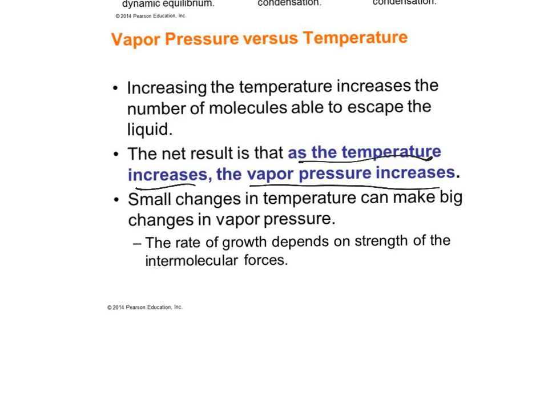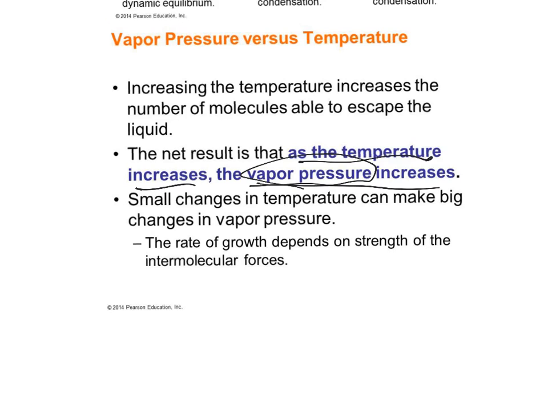As you increase the temperature, you're giving the molecules more energy to break free and join the vapor phase, so you build up that pressure. If you lower the temperature, vapor pressure goes down because you slow down the molecular movements. The kinetic energy is lower, so there is less energy to break free from the liquid phase.